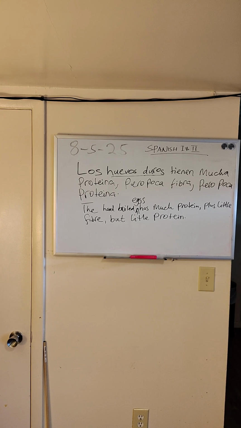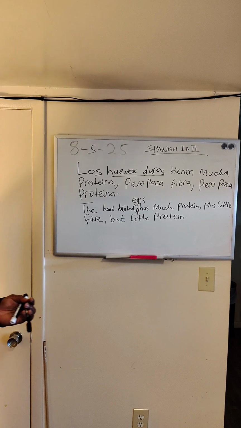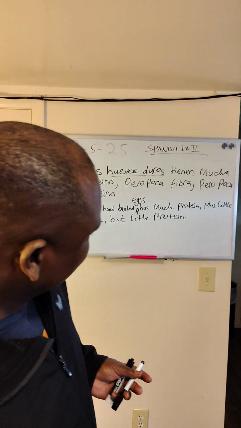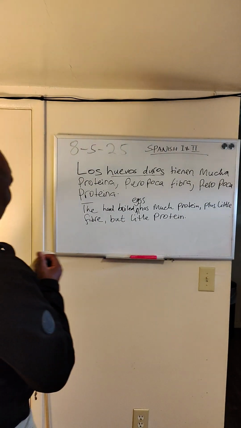So now let us see, let's do the last one and try if we can translate what the statement is saying. Las ensaladas verdes tienen más fibra que los huevos duros. This one here is talking about salads.